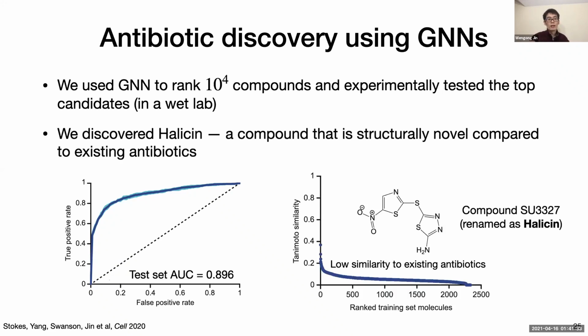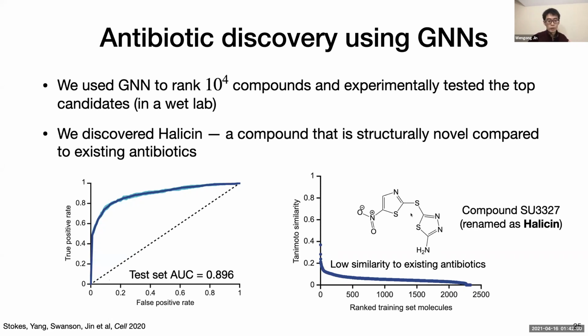And believe it or not, we discovered a new compound called halicin, originally labeled as SU3327, and it is structurally novel compared to the existing antibiotics. As you can see here on the right, this molecule has a low similarity to the existing antibiotics.